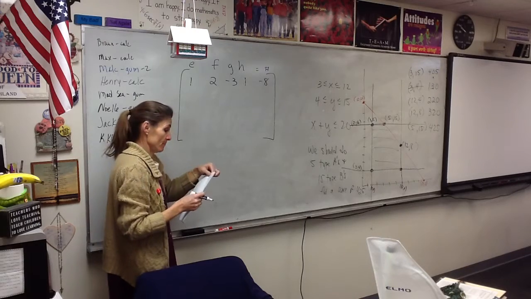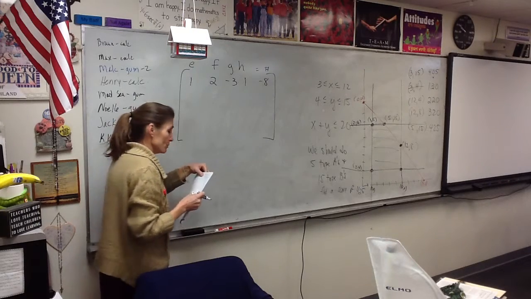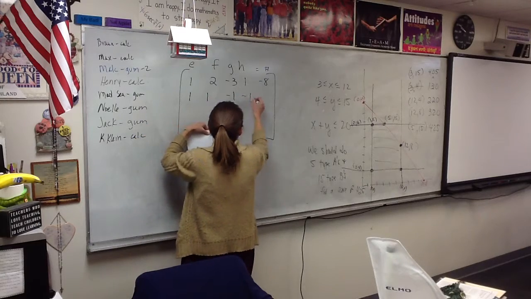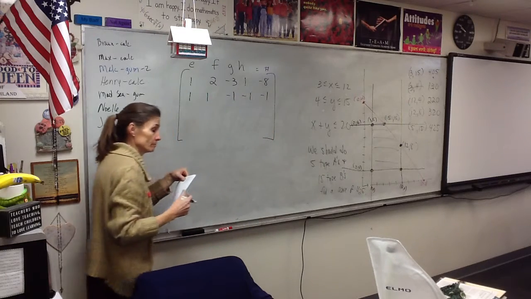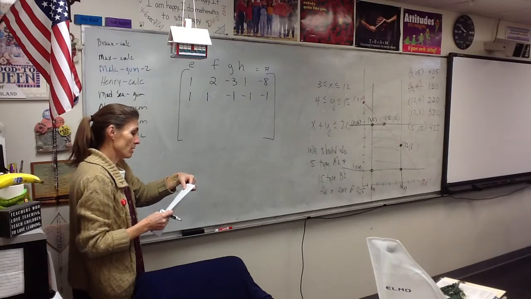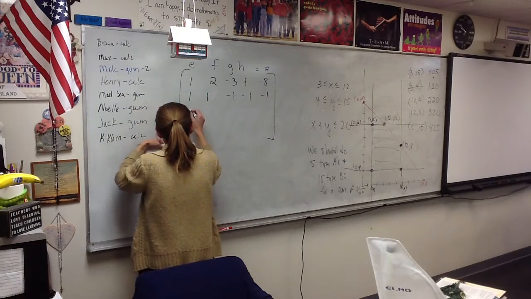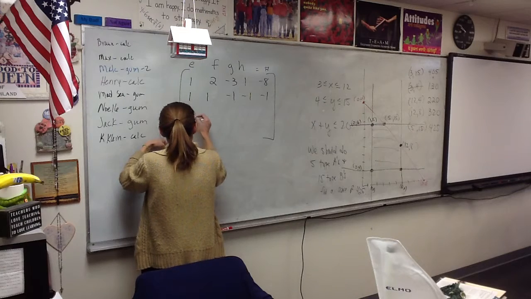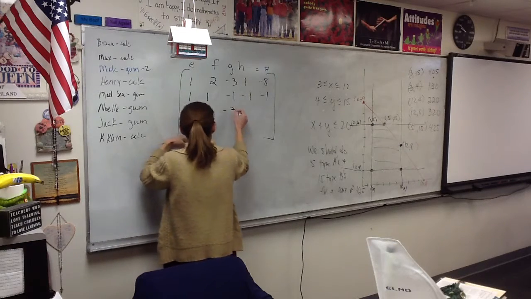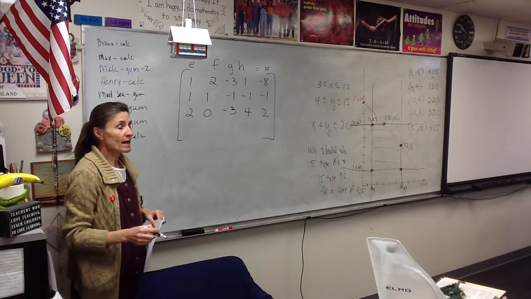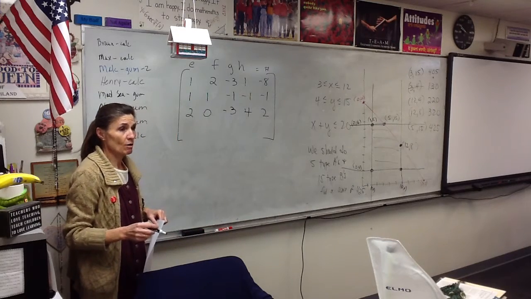Kaylin, you paying attention? Good for you. So the next row will be 1, 1, -1, -1, -1. What about row 3? 2, 0, -3, 4, 2. Somebody in the other class yesterday asked me how I know where the zeros go.